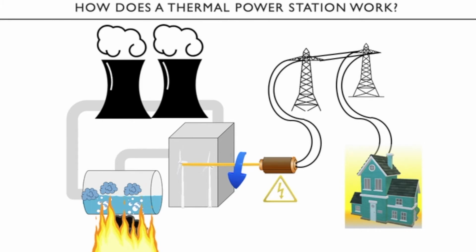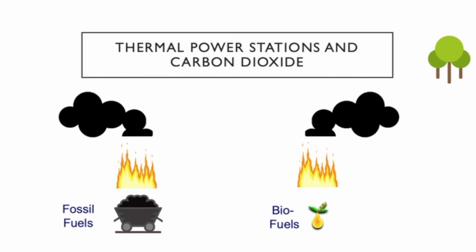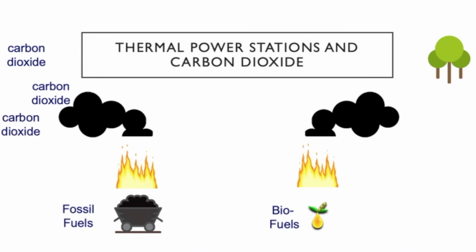And you can see that by burning stuff, we're going to be releasing carbon dioxide. So fossil fuels and biofuels both release carbon dioxide. Now the difference is that as the carbon dioxide is released from the fossil fuels, more and more of that is released.